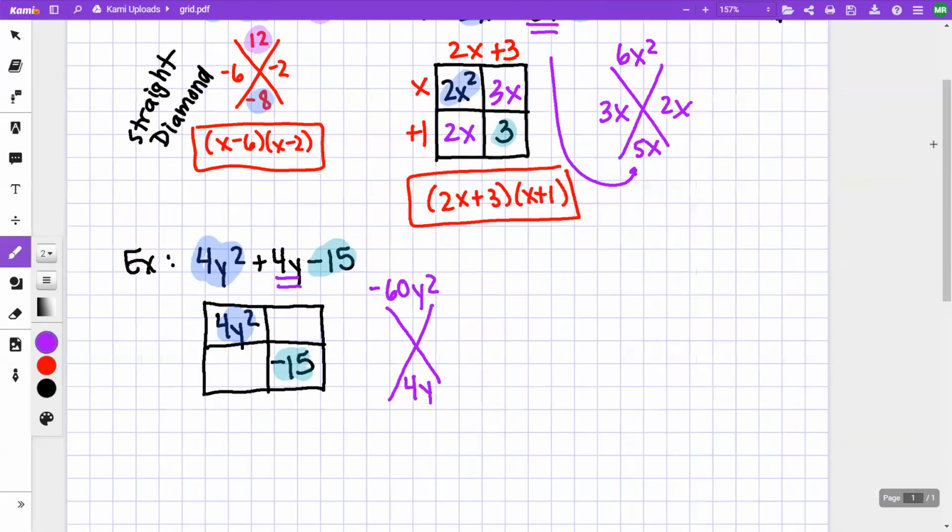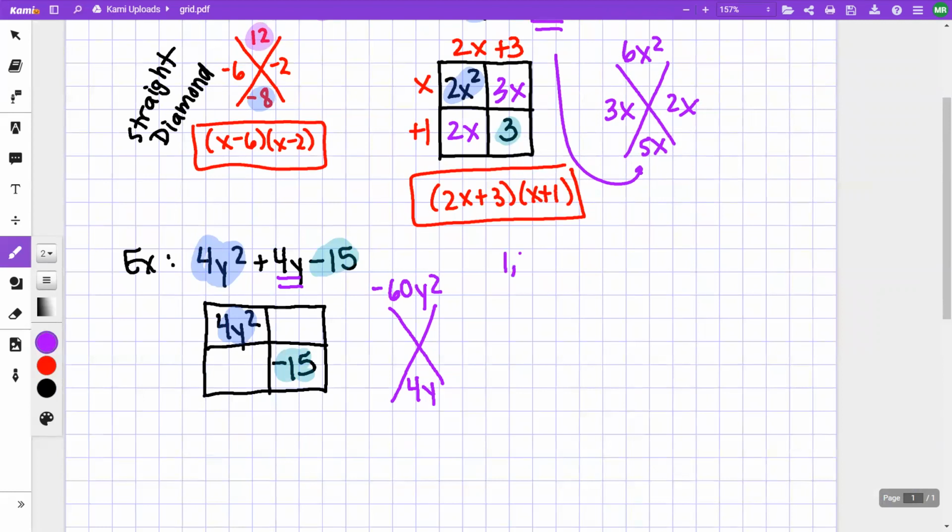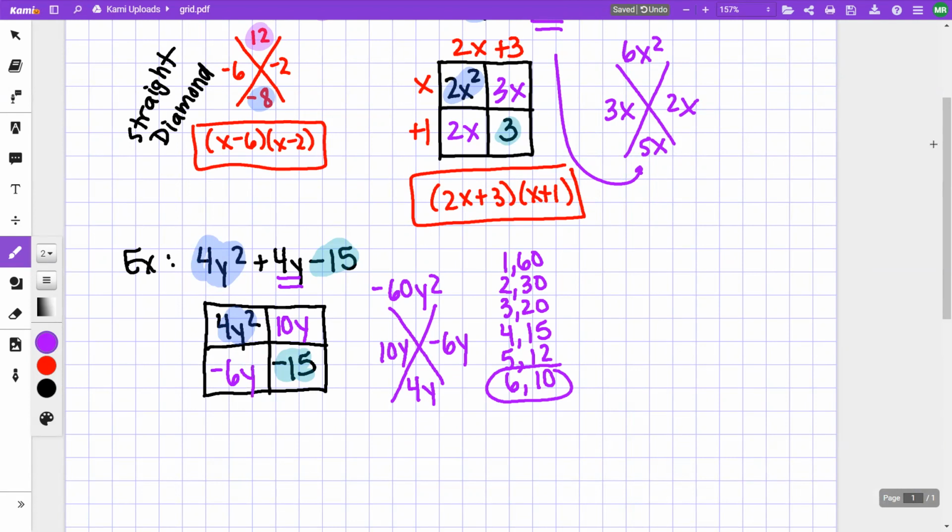So if I'm making a list of things, 1 and 60, 2 and 30, 3 and 20, 4 and 15, 5 and 12, 6 and 10. And as I'm going through, 6 and 10 is going to be the one I want. So I'm going to go a positive 10y, because it's a positive 4 I need, and a negative 6y. Doesn't matter which one I put where.